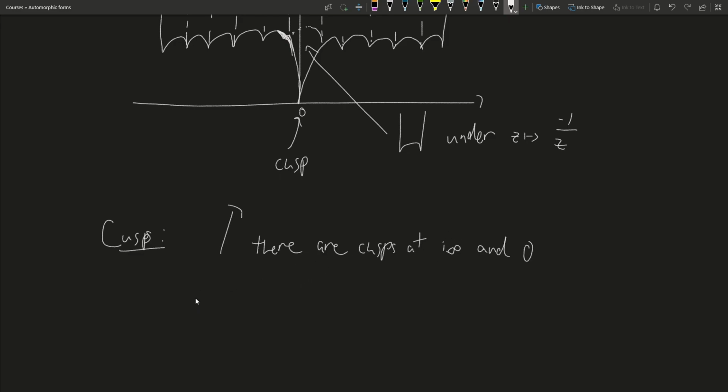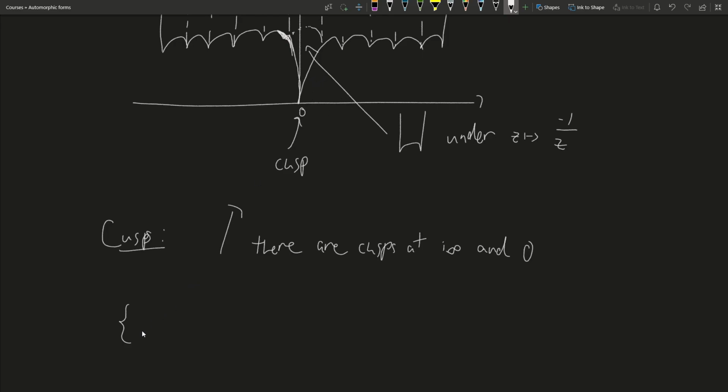And in general, you can have more cusps. So let me see. Here's a full classification of cusps. So the set of cusps, or representatives for cusps, of course, you can take different fundamental domains, and then your cusps will look like they're in different places.